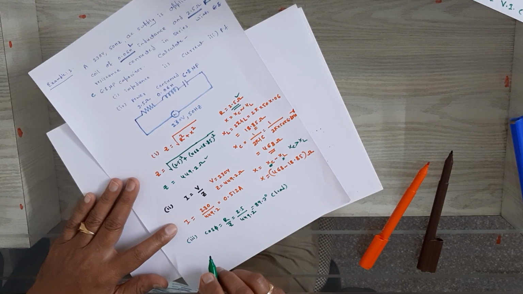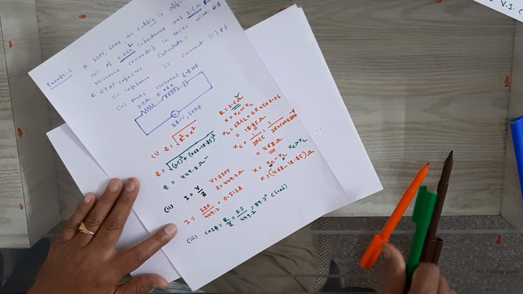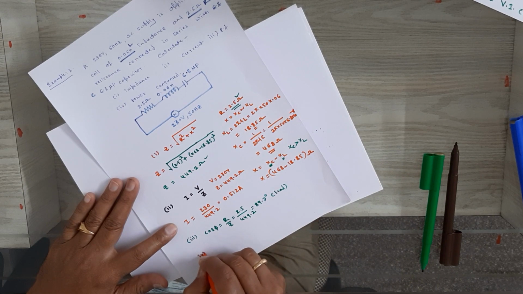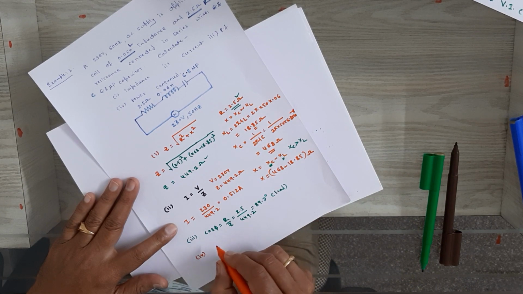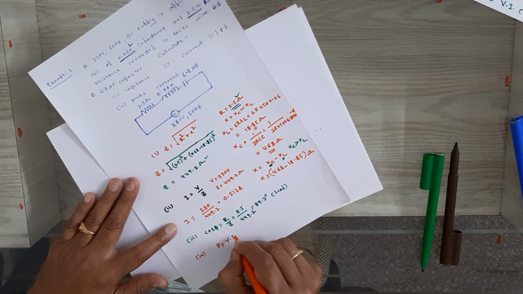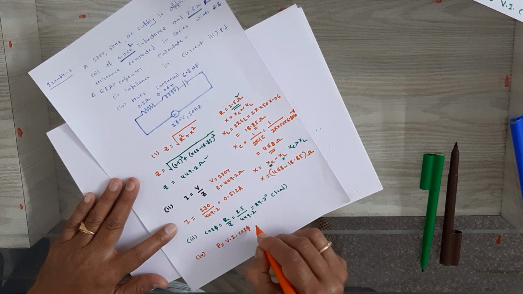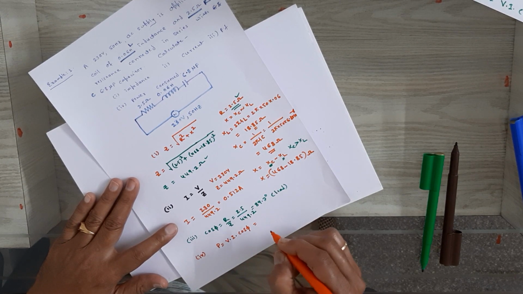In the fourth case, what is asked is the power consumed. Now we are finding out the power consumed. There are two equations. You can make use of any one of them. P is equal to, the straightforward formula we are using, VI cos phi. We already calculated these values.